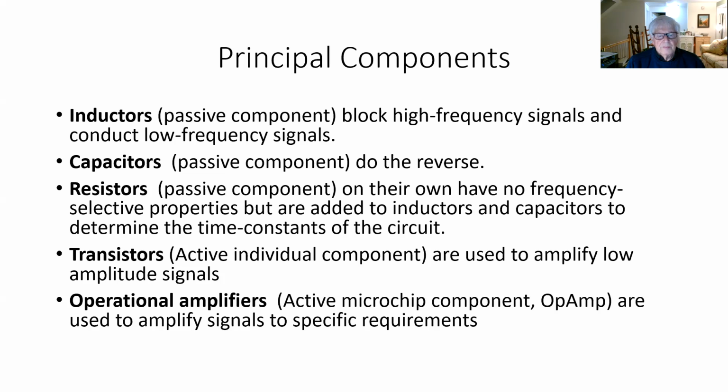The operational amplifier, though, is made up of a bunch of transistors inside, and it's a microchip, often we call it an op-amp, and by using resistors and capacitors and whatnot, it allows you to create a suitable amplification.